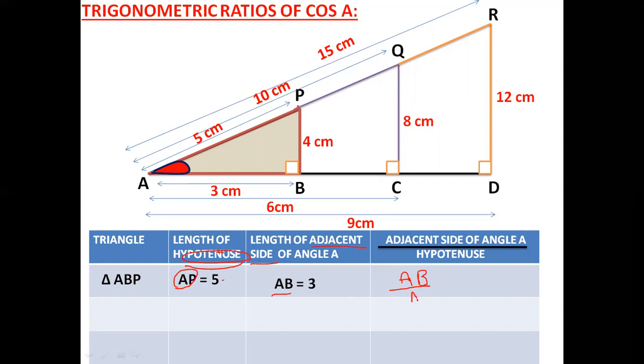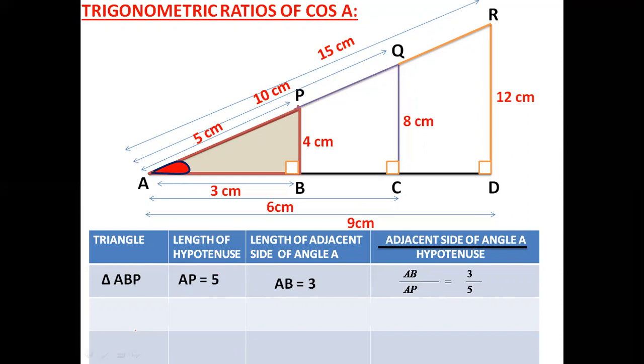So here AP is equal to, what is AB? 3. Here you have to write 3 by, what is AP? That is 5. So 3 by 5. So AB by AP is equal to 3 by 5.